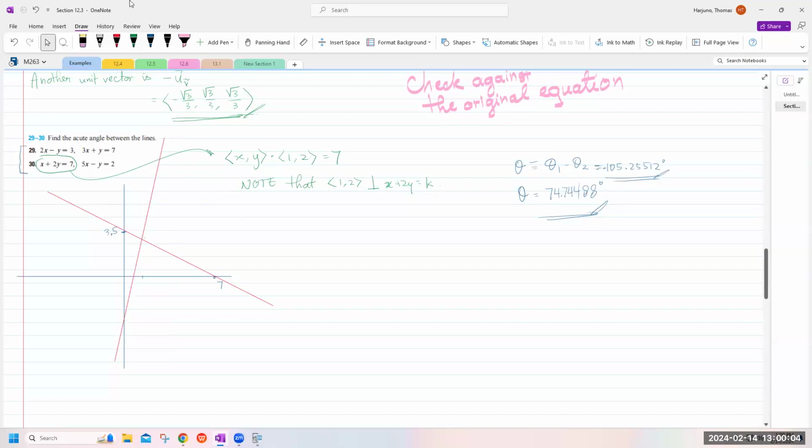Now, what I want to show you is this: the angle between these two lines here is the same as the angle between this vector, the vector that is perpendicular to the first line, and this vector, the vector perpendicular to the second line.